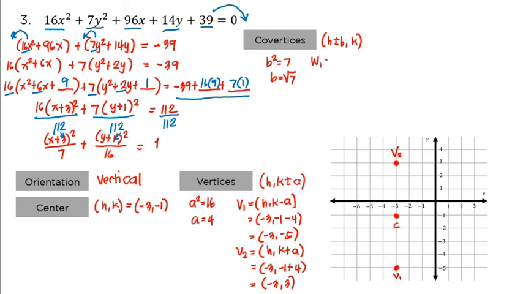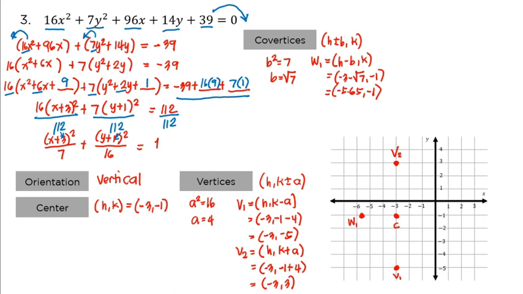So for the first covertex, that will be h minus b, k. So we have negative 3 minus square root of 7, negative 1. And that is negative 3 minus square root of 7 is approximately equal to negative 5.65, negative 1. Okay, so W1 is somewhere here. Okay? Dito. So that is W1.